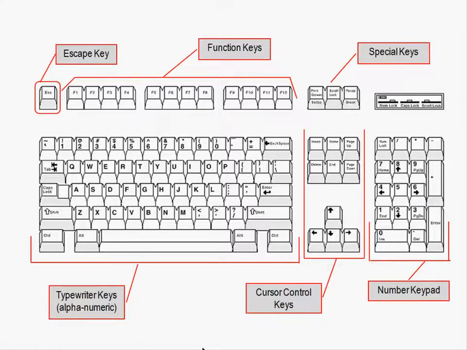And just like regular old-fashioned typewriters, pressing the Shift key, and you'll find Shift keys on the lower left and lower right side of the keyboard, enables you to make capital letters out of the regular letters of the alphabet, or if there's two commands on a key, pressing Shift will allow you to type the upper command. For instance, if you wanted to type a dollar sign, you would press Shift and then press the number 4 at the very top where the $ sign is.